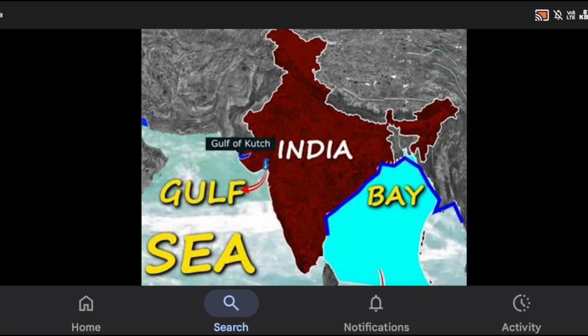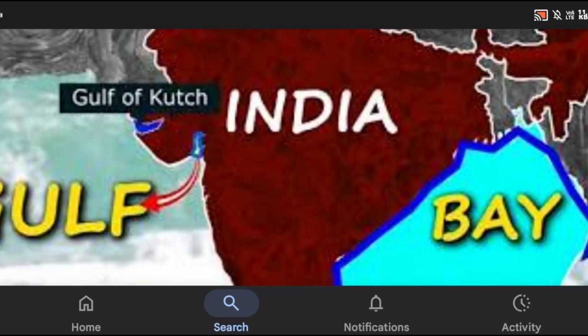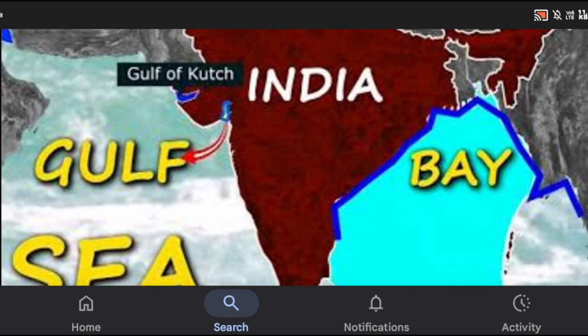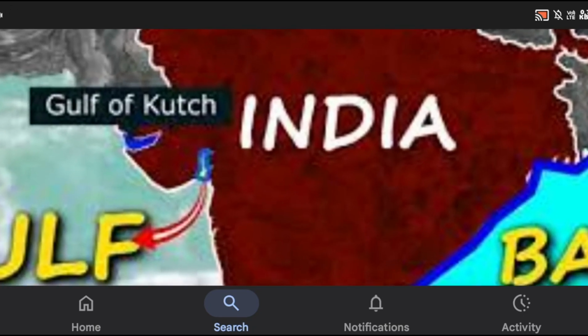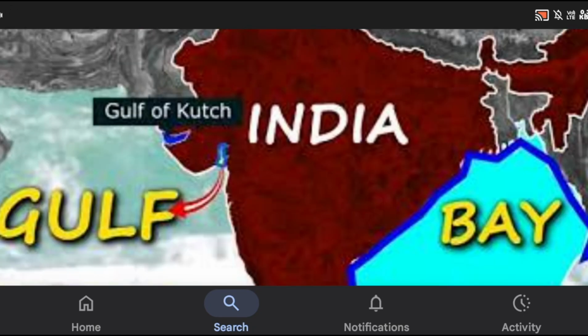We have one bay which is known as the Bay of Bengal, and here we have 2 important gulfs, the Gulf of Khambat and the Gulf of Kutch. You can directly point them out. These are the 2 important gulfs, the Gulf of Kutch and the Gulf of Khambat.